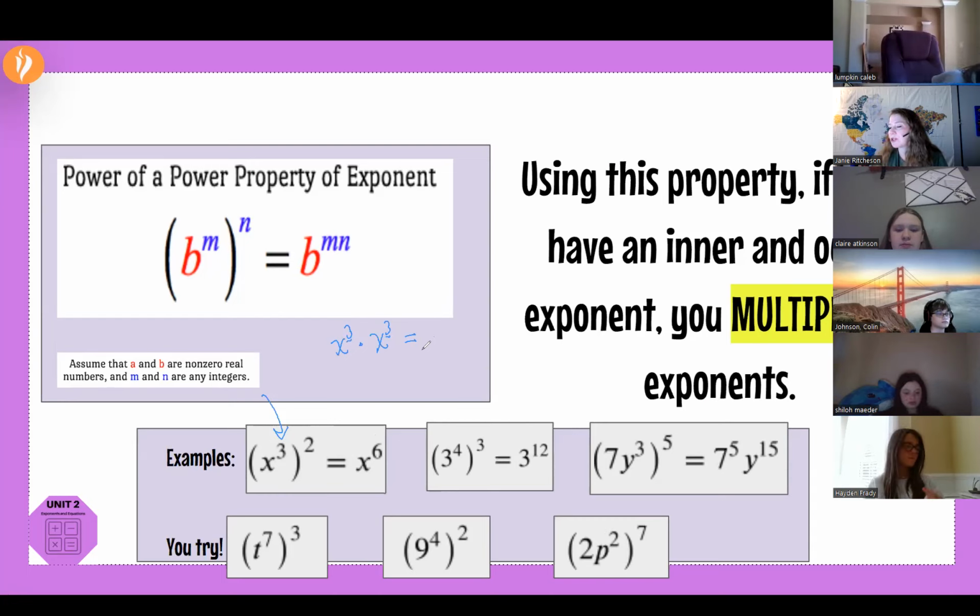But yeah, you just subtract the exponents for the quotient rule. So anyway, 3 plus 3 is 6. Well, that's what happens when you multiply those exponents. So when you have a power raised to a power, or an exponent raised to an exponent, the rule says you multiply the exponents. That is the rule. So write it on your graphic organizer, please.